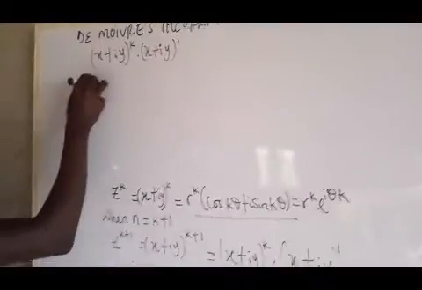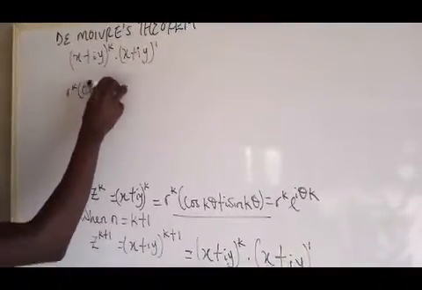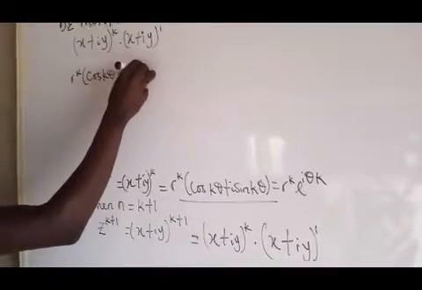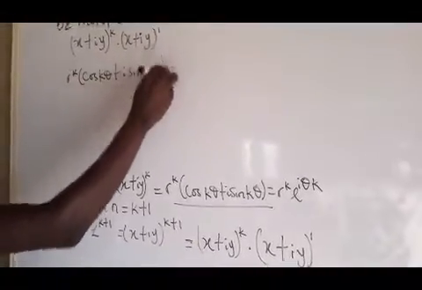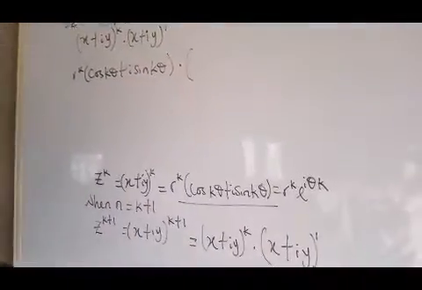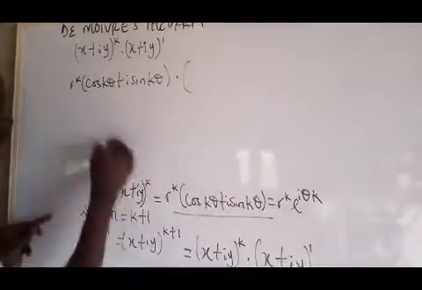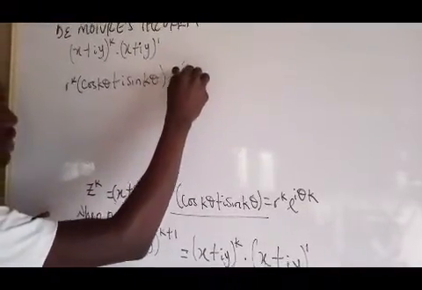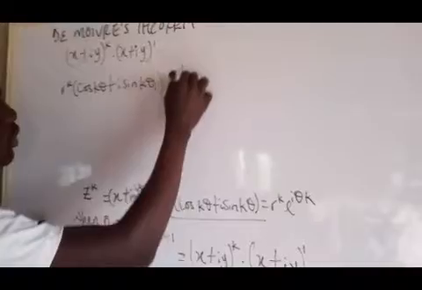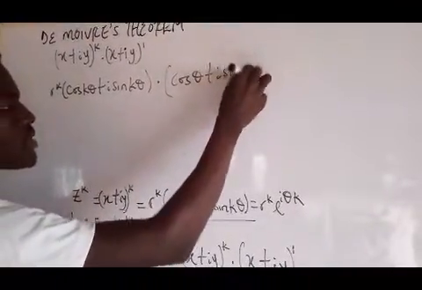So that will be r raised to power k (cos kθ + i sin kθ) multiplied by, you know, when we put our r equals to 1, we have something like this: cos θ + i sin θ.